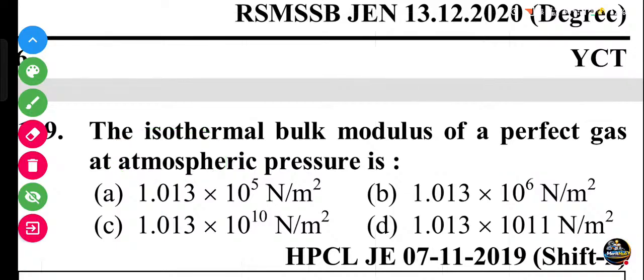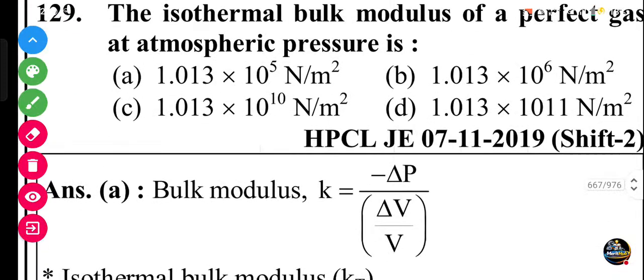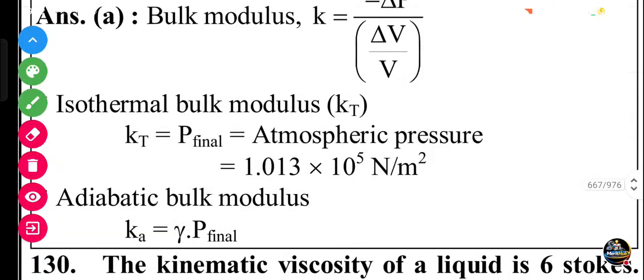Next question. The isothermal bulk modulus of a perfect gas at atmospheric pressure is? See the answer. Option A is the answer: 1.013 into 10 to the power 5 Newton per meter square. That is, atmospheric pressure is 101,325 Pascal, or Newton per meter square.